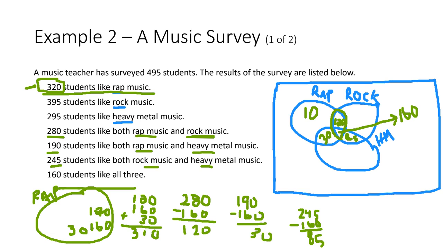Okay. So now we can go to the rock circle. For the rock circle, they say we should have 395 students. In the rock circle, I'm going to write it up here, we have 120, and then we have the 160, and this was 85.